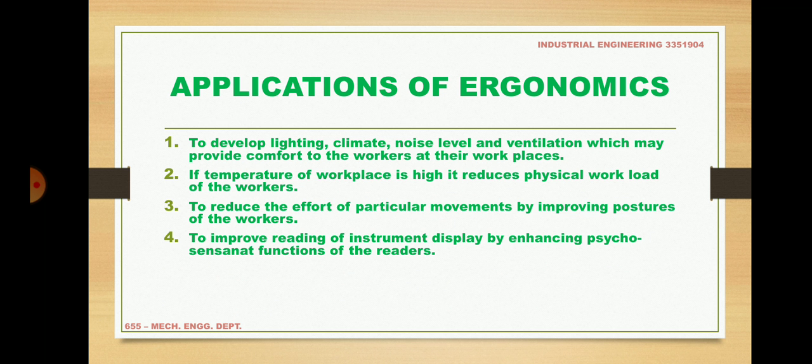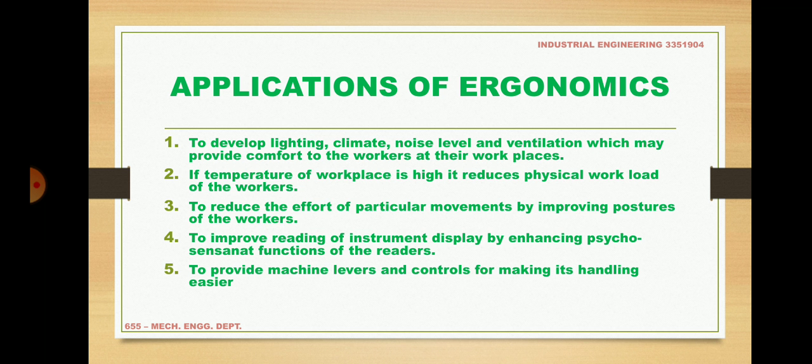To improve reading of instrument display by enhancing psychosensation function of the reader. So it's one type of display or mental ability with the posture, its ability to absorb and learn everything. To provide machine levers and control for making handling easier.